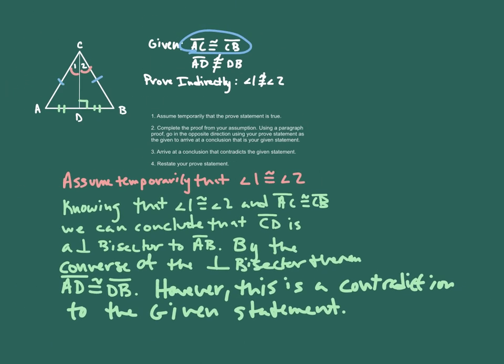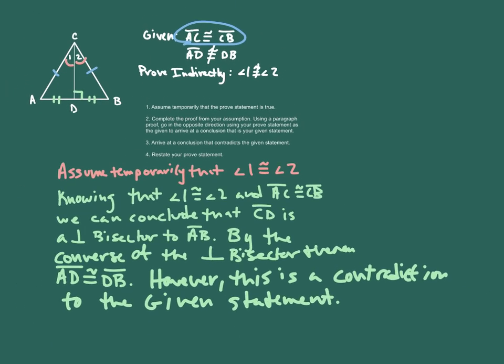Now, once you arrive at a conclusion that contradicts the given statement, you use these three little dots to draw your final conclusion about this proof, and this finishes up your indirect proof. What you then say is that angle 1 is not congruent to angle 2.